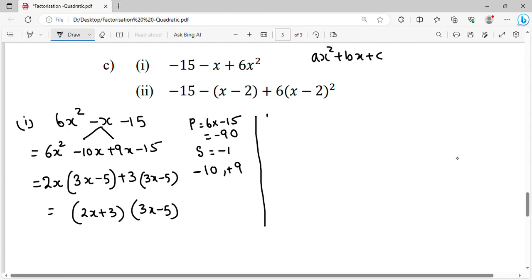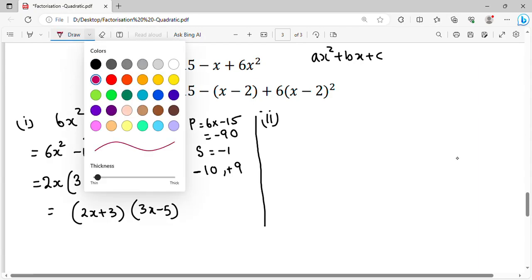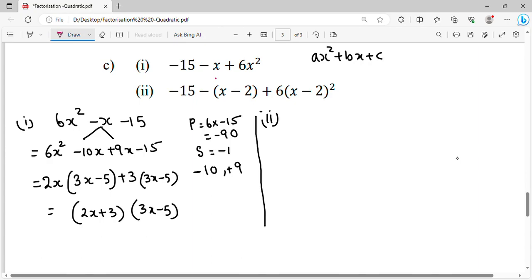Now, if I look at the second part, I see that all my x has been replaced by x minus 2. So let x minus 2 is equal to t, and after rearranging I would get 6t squared minus t minus 15.